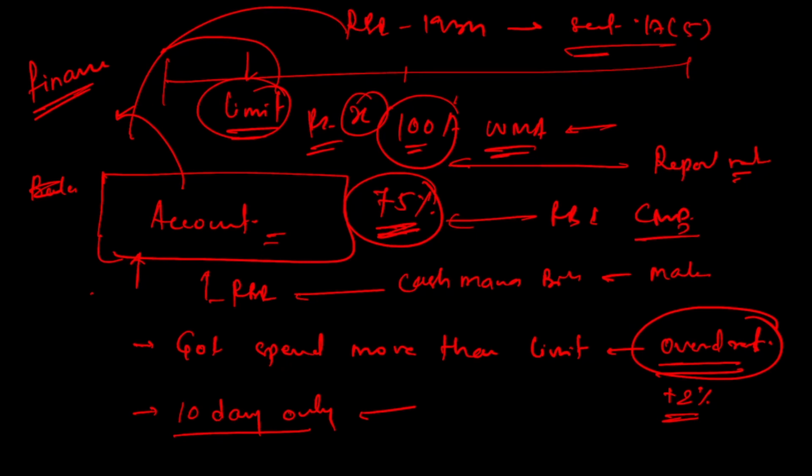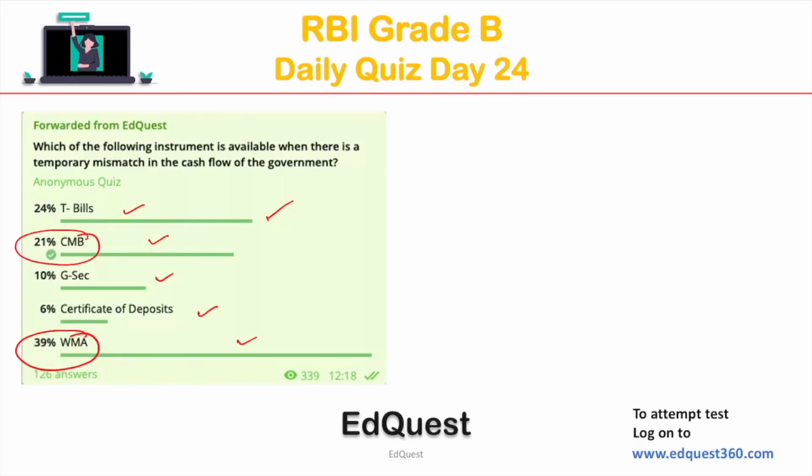Even if that limit is breached, there would be overdraft at repo rate plus 2%, and that overdraft would continue for only 10 days, not more than that. After that, Government of India has to sit with RBI and do something.